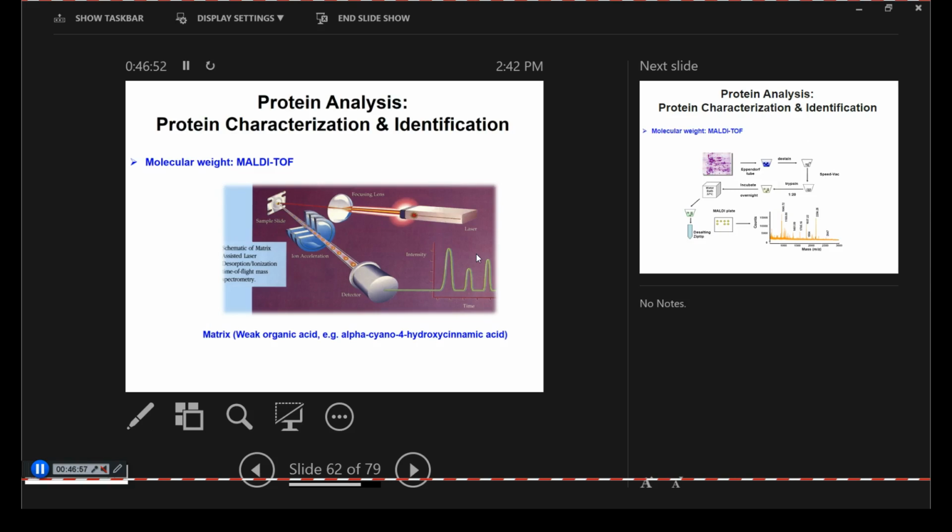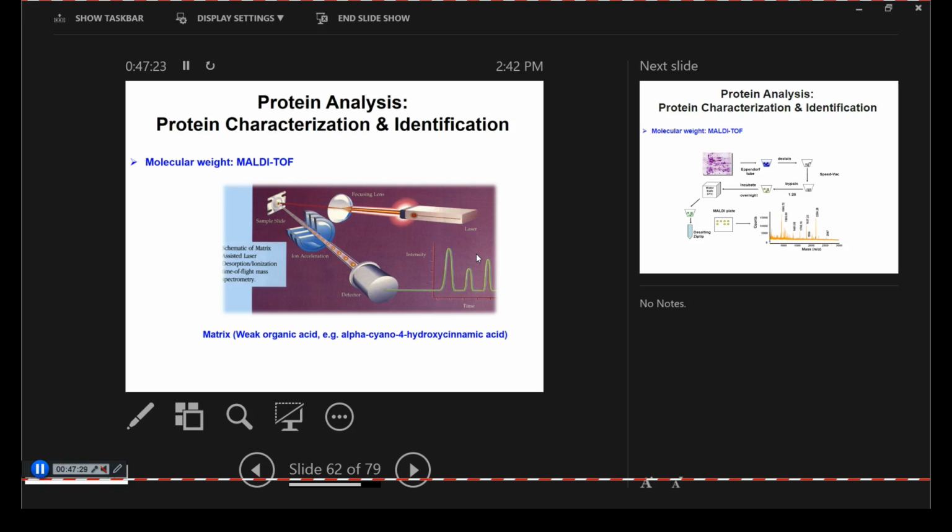MALDI, again, this is not a lecture on describing MS, but MALDI-TOF stands for matrix-assisted laser desorption ionization time of flight. It's a mouthful. What it means, matrix-assisted, that means we have a specific matrix, and in this case it's a weak organic acid, where we mix it with our sample.